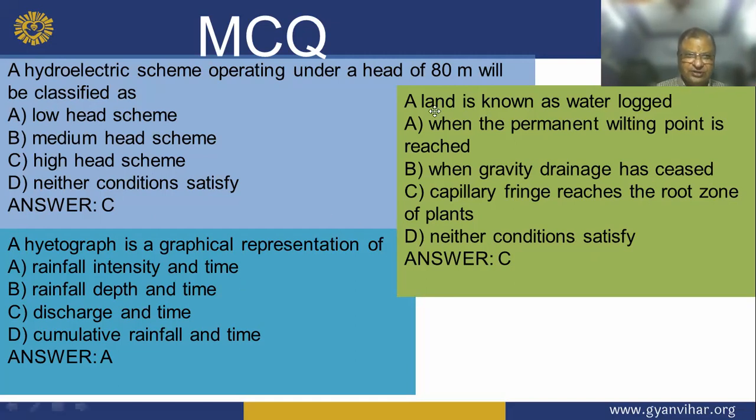And next question, a hydrograph is a graphical representation of rainfall intensity and time. So which is the correct answer? Correct answer is A.